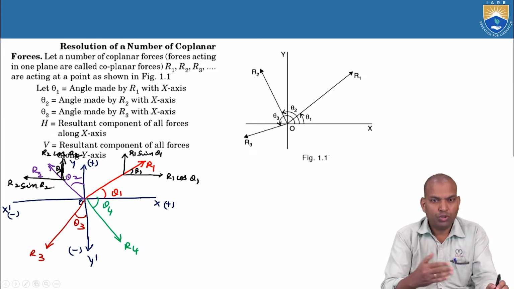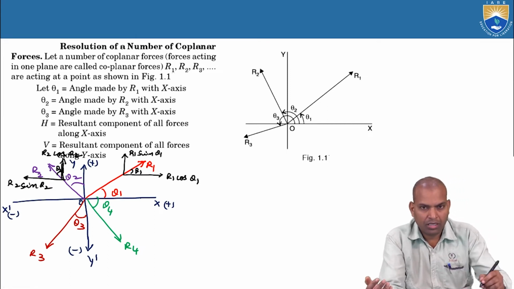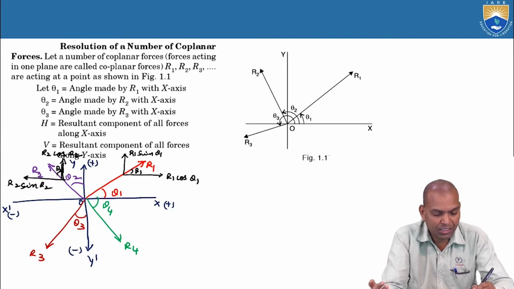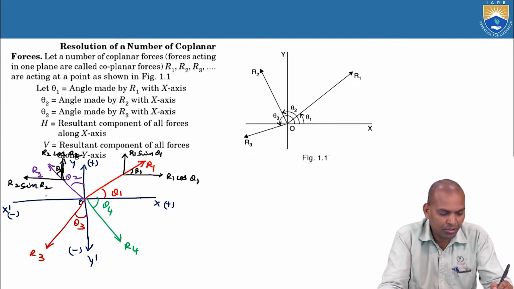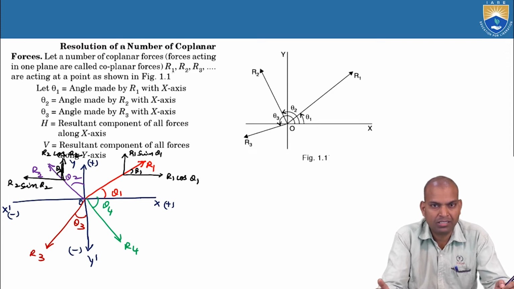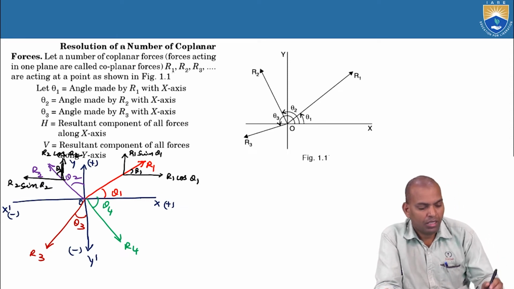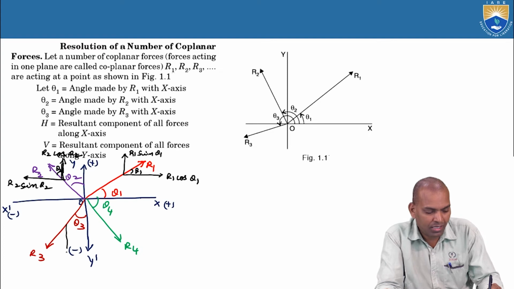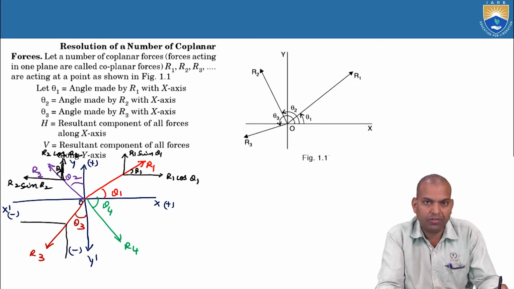Don't resolve in the wrong manner, that is, horizontal component cos theta 1, horizontal component cos theta 2. No. The base: the angle with which axis is R2 making, vertical or horizontal? The resolution depends upon that concept. Now, coming to the next, theta 3.